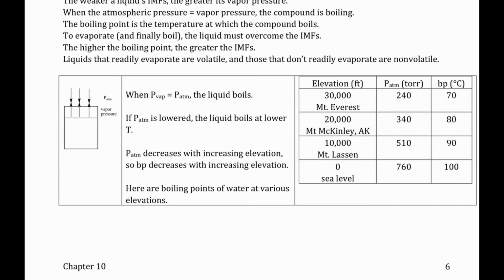Wow, if we were very ambitious, we climbed to the top of Mount Everest, 30,000 feet. Mind you, we'd have to have supplemental oxygen and so on. We would never be cooking pasta up there. But if we did, the water would only be at 70 degrees Celsius, and it would remain at that temperature the whole time we were boiling it. It wouldn't get hotter because the atmospheric pressure is only 240 torr typically.